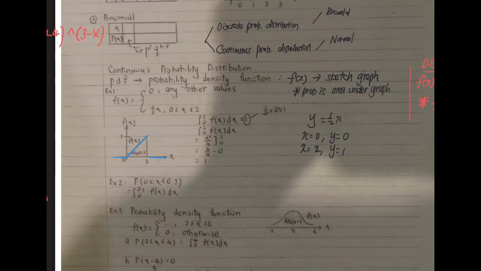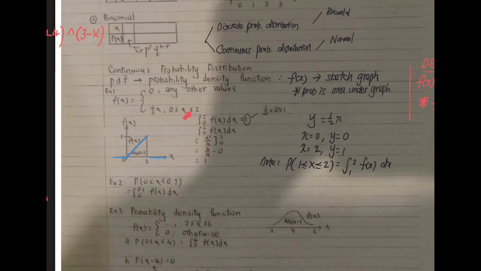So for example, if you want to find probability from 1 to 2, then you integrate from 1 to 2, f(x) dx, like that.